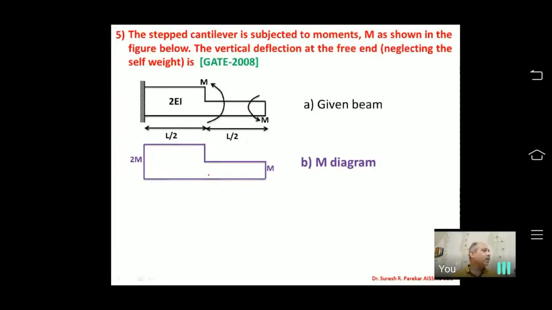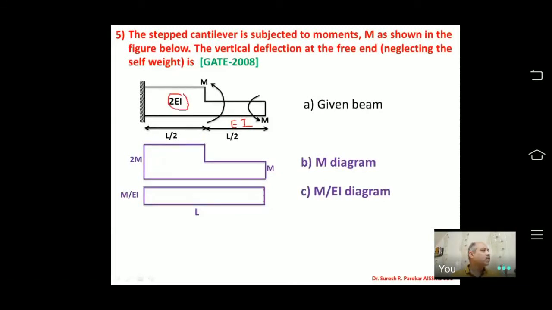Now if we go with the conjugate beam, sorry, the M by EI diagram, so I will divide this M by EI, because in this portion we have EI, and in this portion we have 2EI. So this will be as it is, M by EI in this portion, and in this portion we have 2M divided by 2EI, and that will again be M by EI.